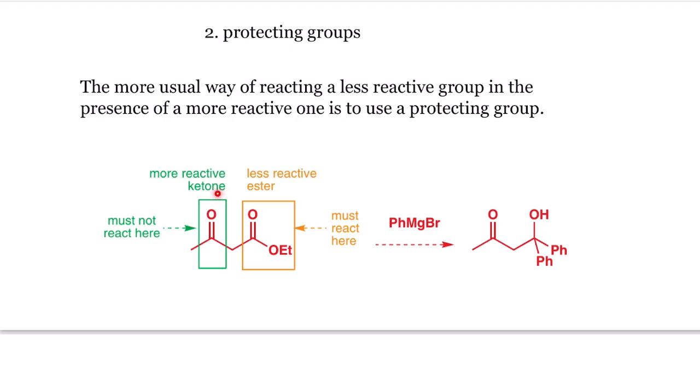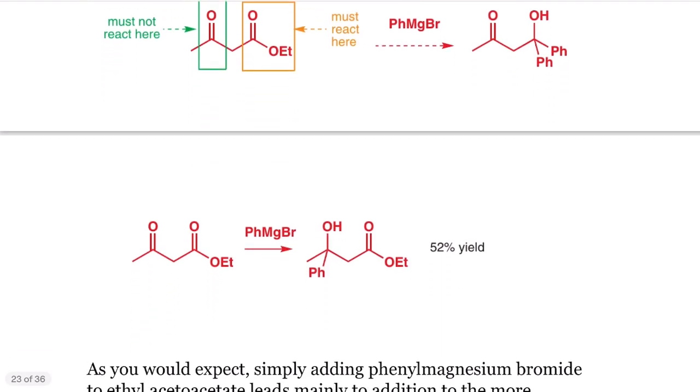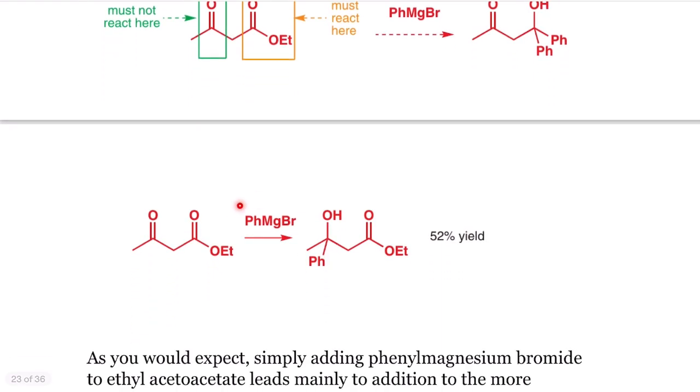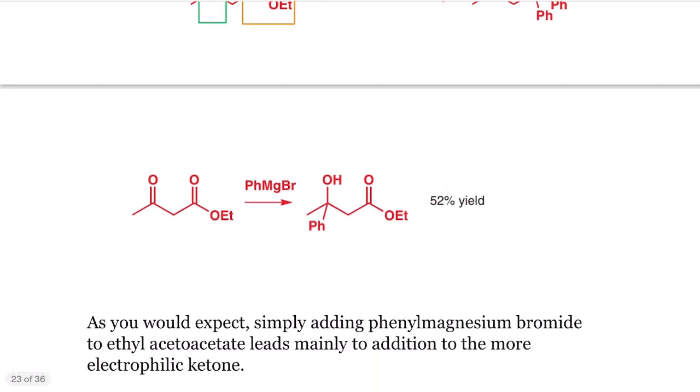But among the ketone and the ester, the more reactive functional group is the ketone and the ester is the less reactive group. So here if you react it with phenyl magnesium bromide, the ketone will react and we get this alcohol, but the desired compound is the addition at the ester to get the alcohol.